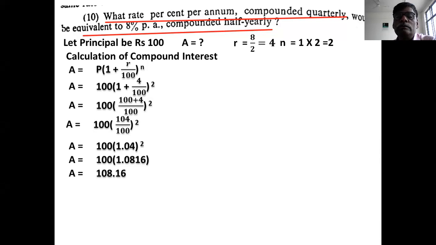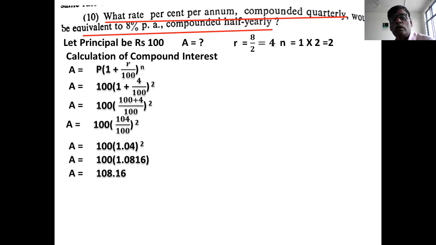This amount must be equal to the 1 year amount if you calculate interest quarterly. This is the amount; the same amount you should get if you calculate quarterly.